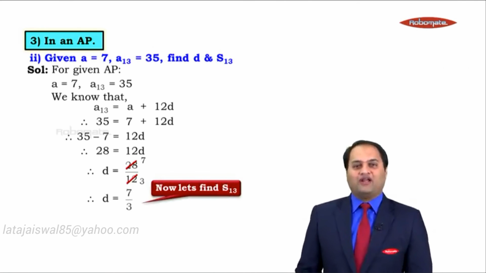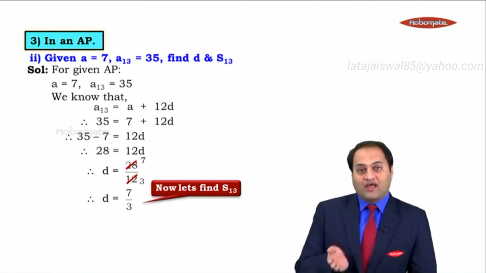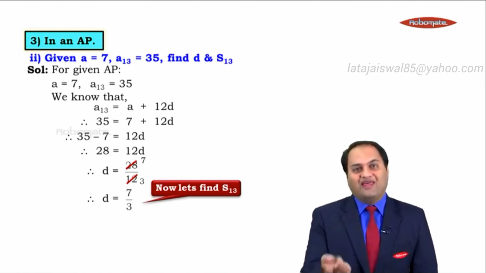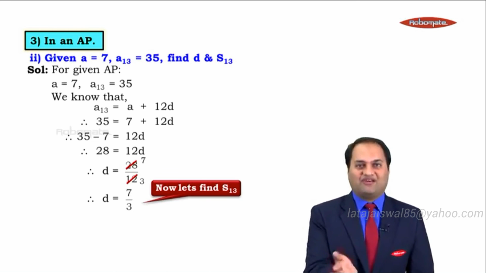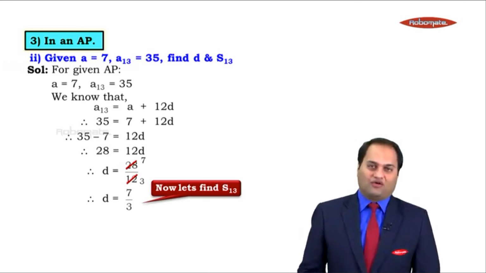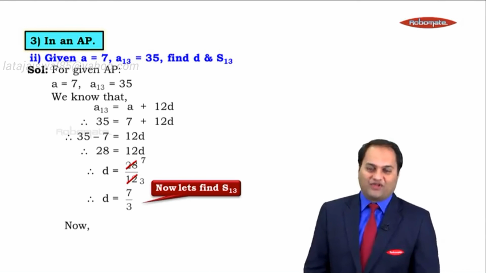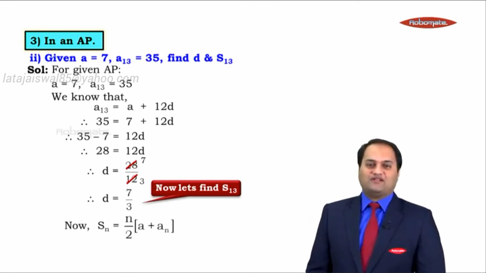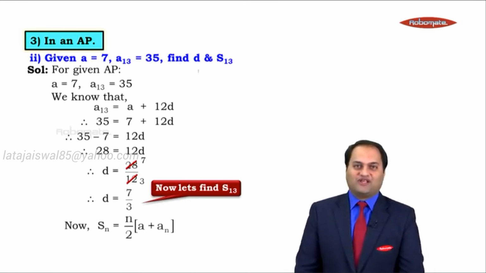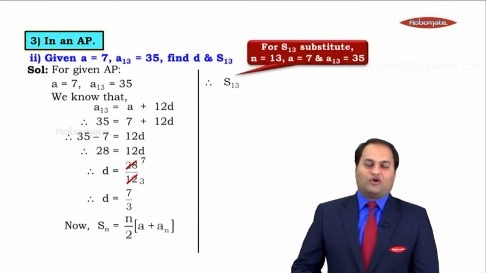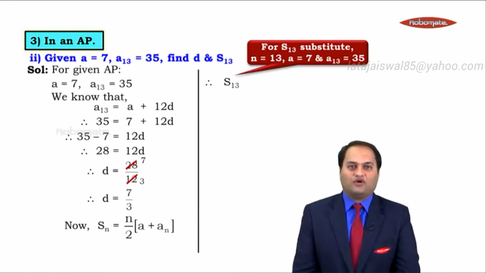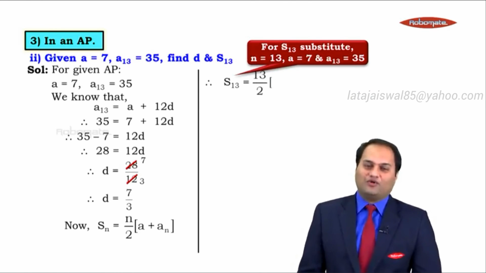No. Now we need to find S13. And again, S13 is asked, A13 is given. This is like Sn is asked and An is given. So we can definitely use the second formula as well. Now Sn is equal to N upon 2 into A plus An. Let's substitute for S13. N is equal to 13, A is equal to 7 and A13 is equal to 35.